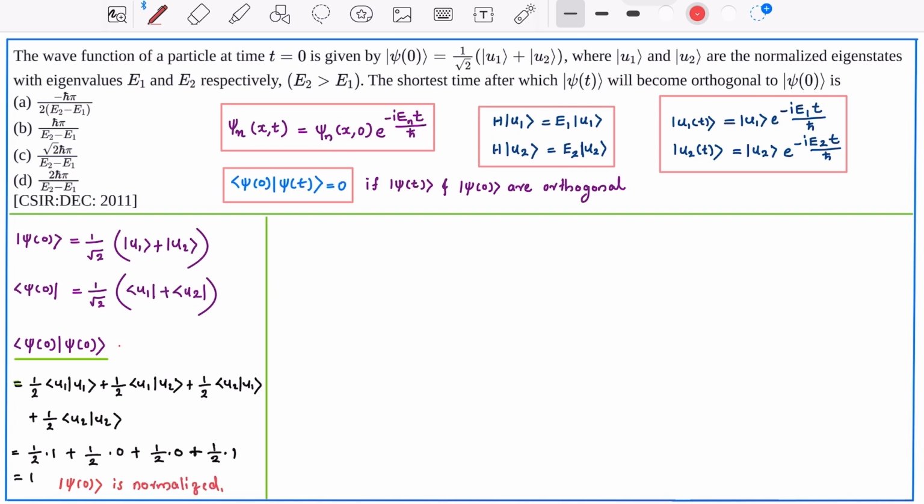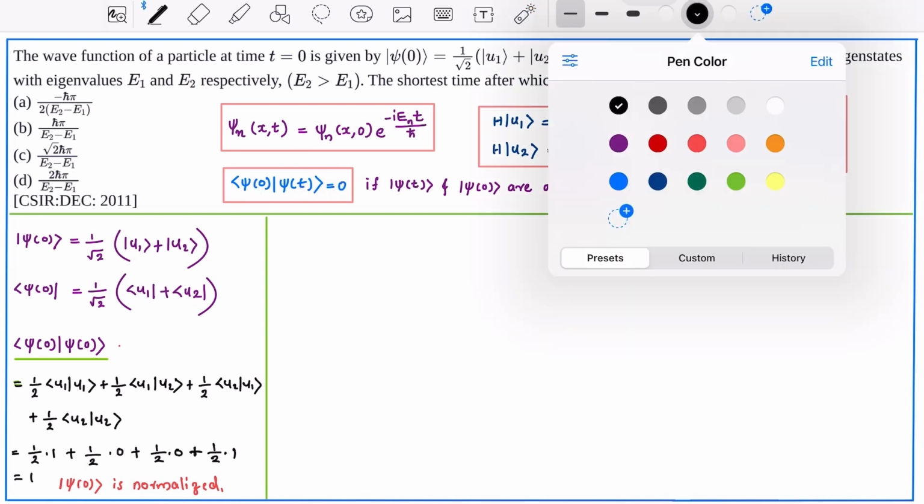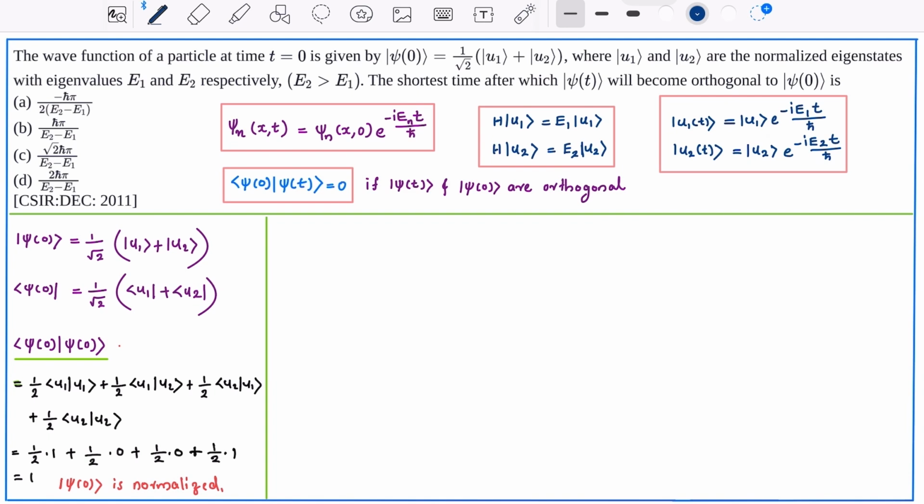Now we have to find out the time at which psi of 0 and psi of t are orthogonal. So to find the time, we have to use the equation, the inner product of psi of 0 with psi of t equal to 0 if psi of t and psi of 0 are orthogonal. From that equation we can find out the time.